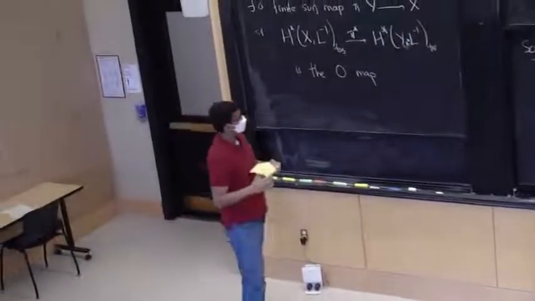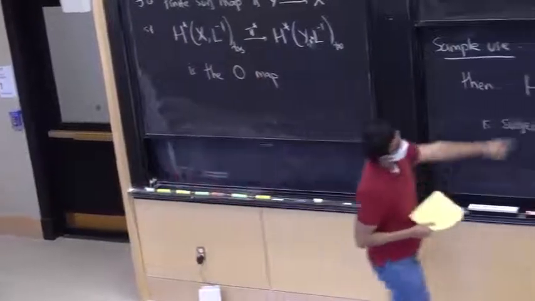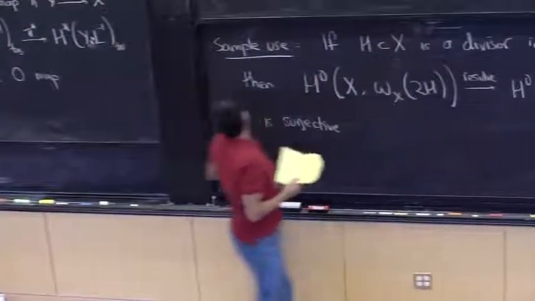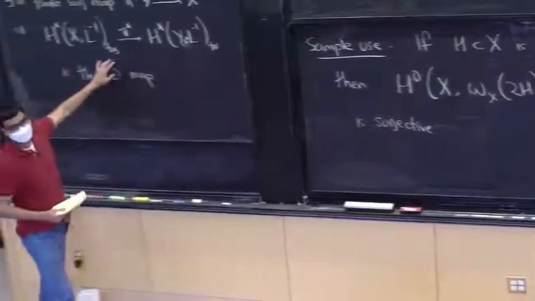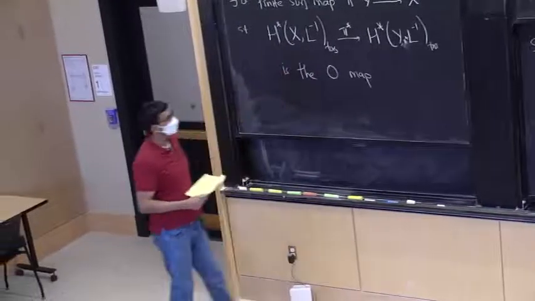A good question again. The question was, why is there a star over here and not a star over here? It turns out that if you put torsion, then it doesn't matter because of some long exact sequences, like Bockstein.